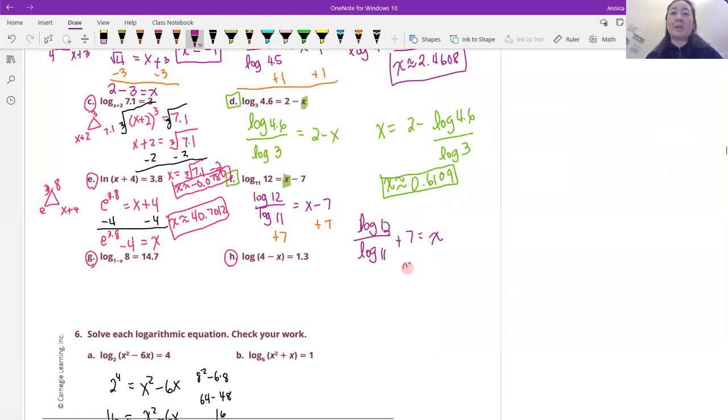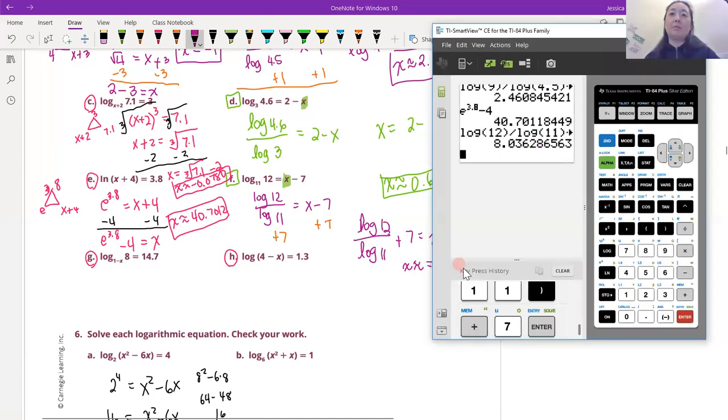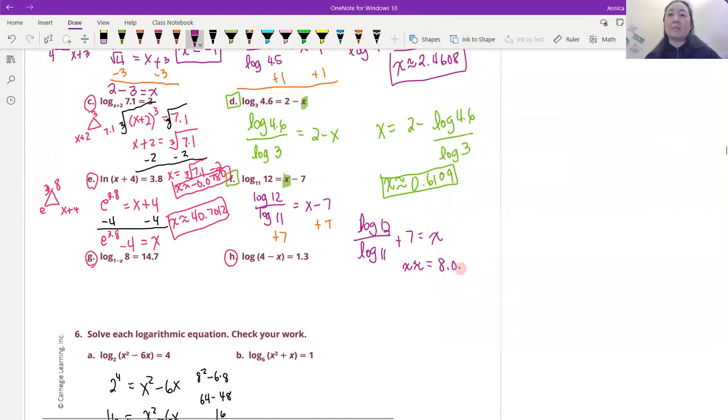So that's going to be, x is about 8.0363. Okay, that's supposed to be about. That does not look like a very good about, probably because I have two things going on there. So x is about. There we go.